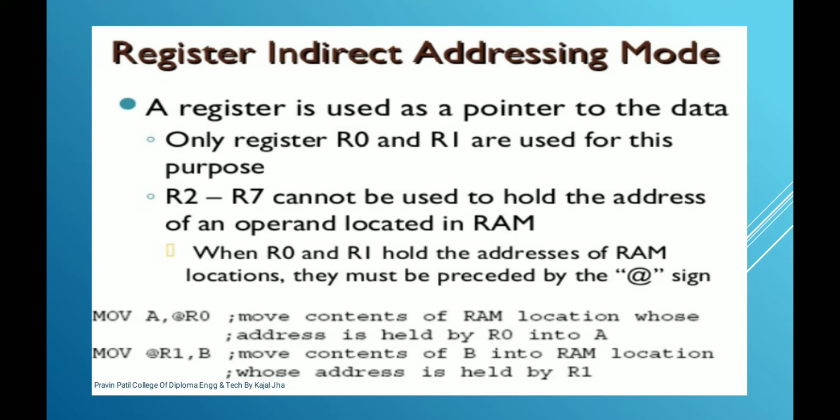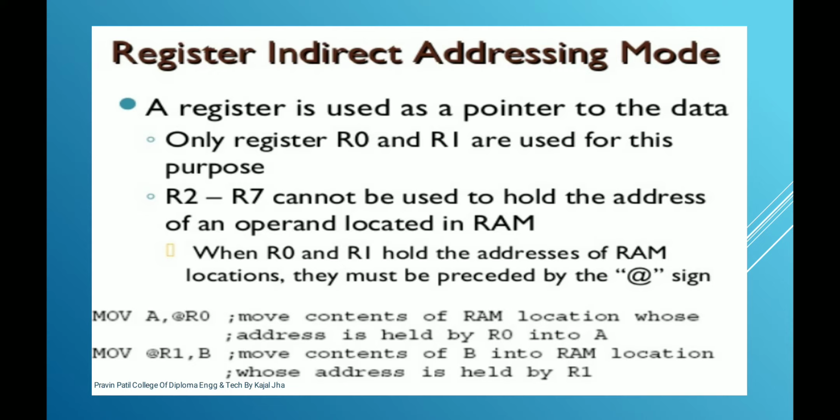Here MOV is without X, so we access the internal memory. But if the instruction is MOVX A, @R0, then we use it to access the external memory. This instruction loads the accumulator with the value from the internal RAM location whose address is in R0.